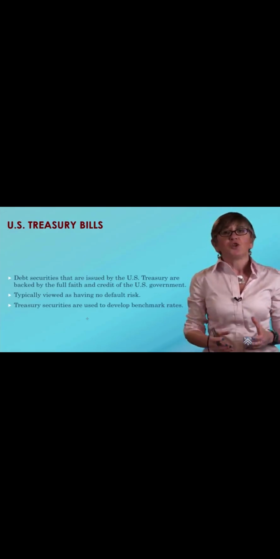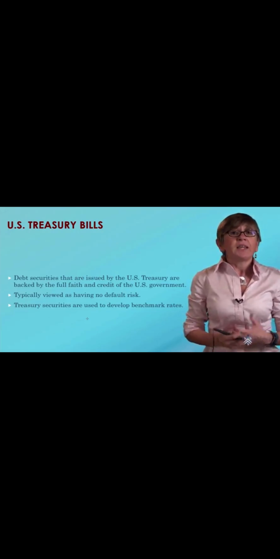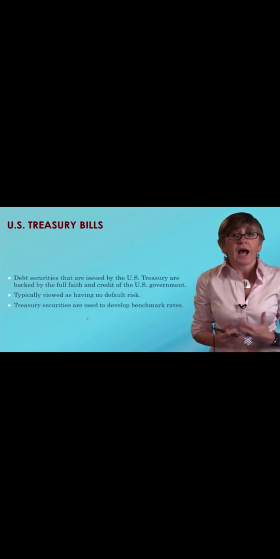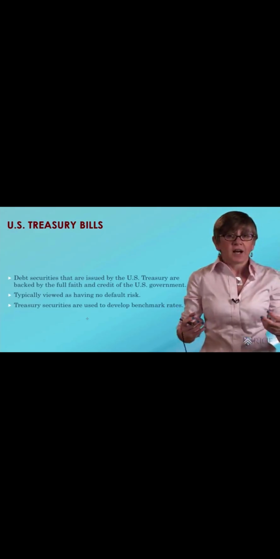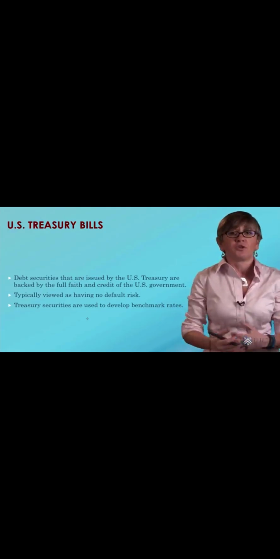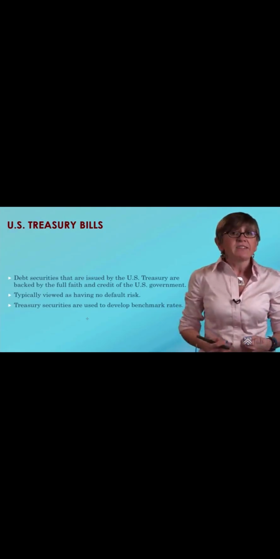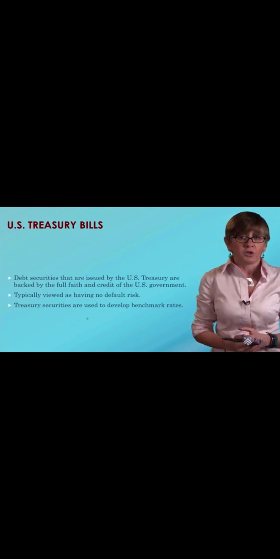Because they are issued by the US Treasury, and therefore backed by the US government, they are viewed all around the world as default-free assets, or default risk-free. So the interest rate on treasuries is considered as the risk-free rate for different maturities. For that reason, they are also used as benchmark rates for many other fixed income securities.